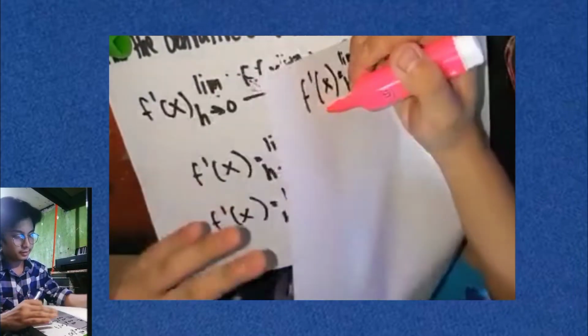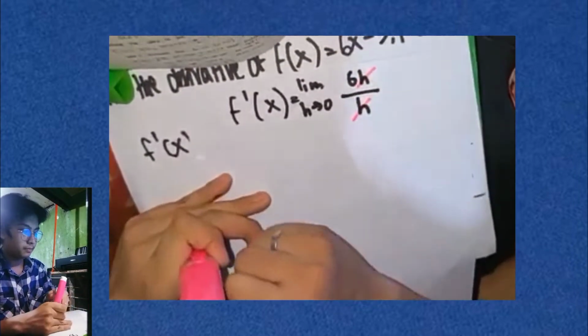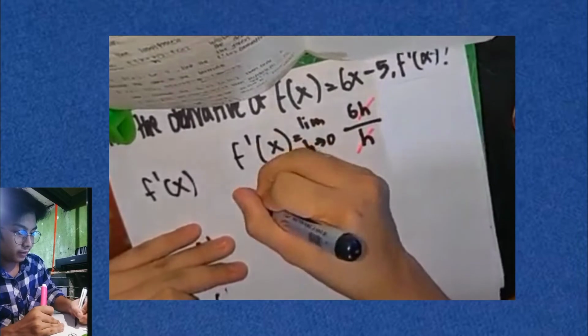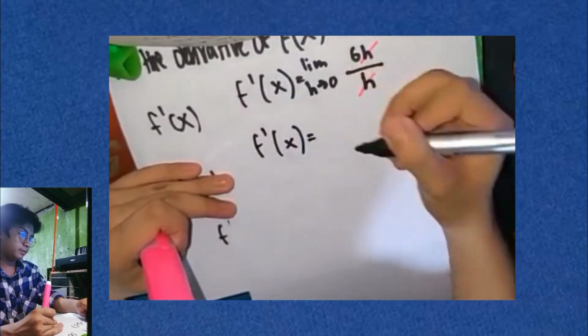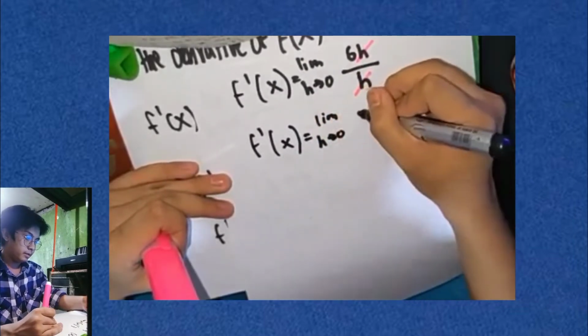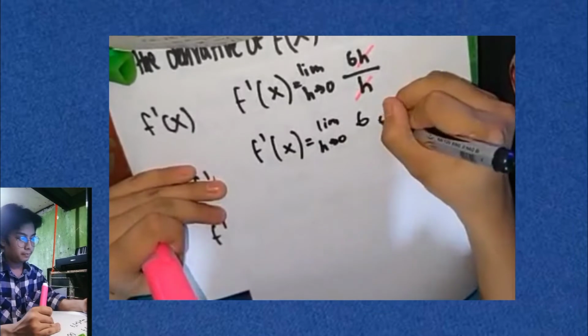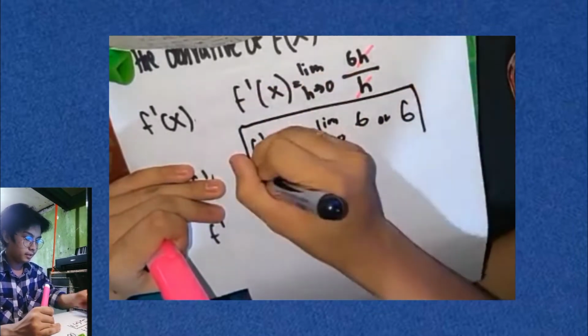So what we're going to do is cancel the h. So our answer would be f prime of x is equal to limit h approaches 0 of 6, or simply just 6. That's it. That's the final answer.